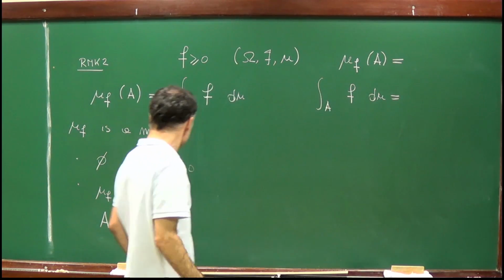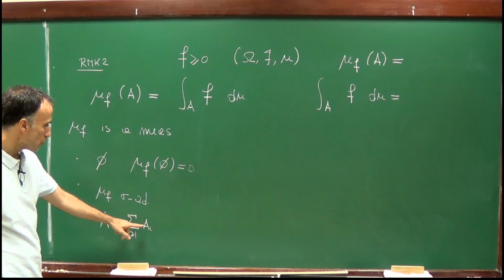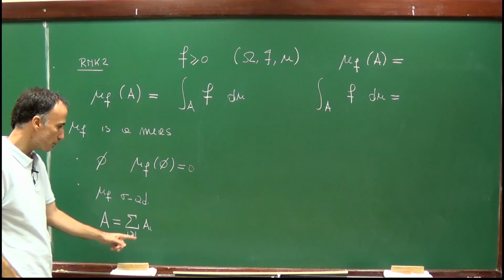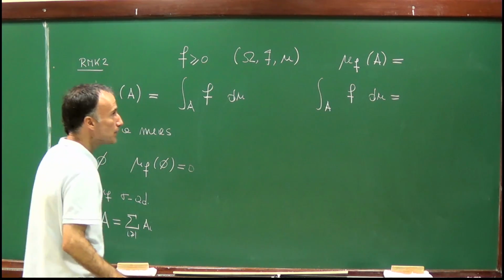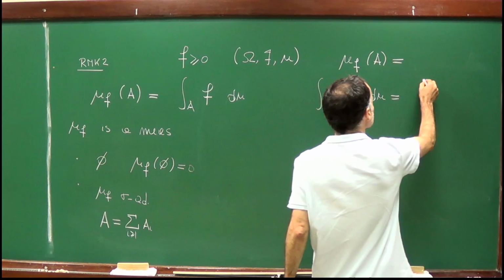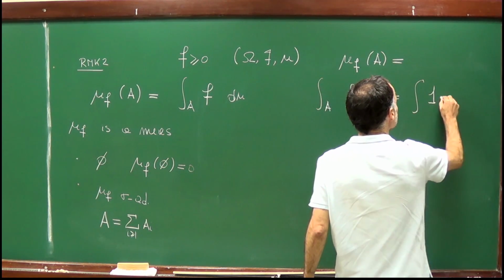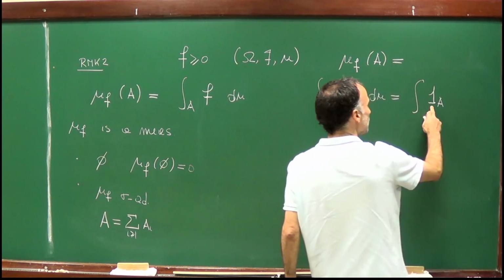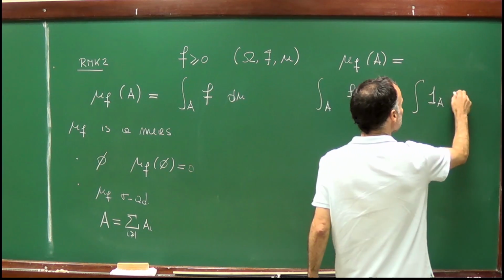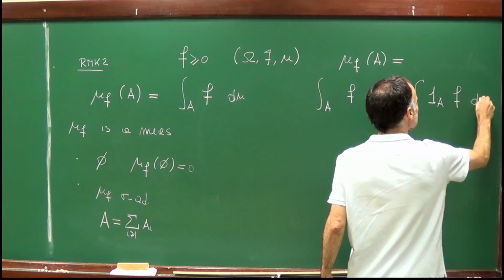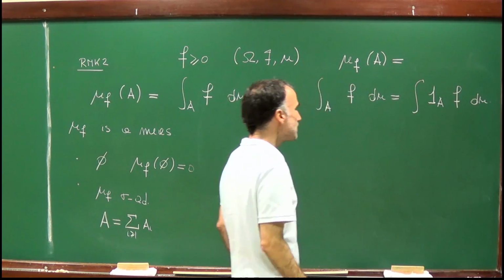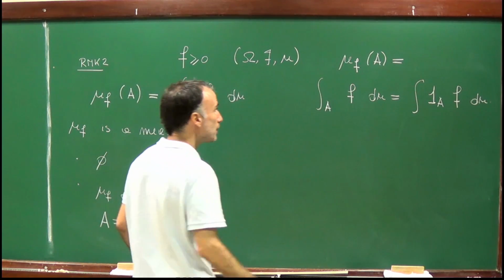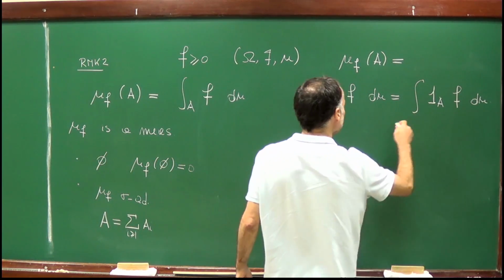But A is the disjoint union of the sets A_i. So this, by definition, is the integral of the indicator of A multiplied by f d mu. Since A is the disjoint union, the indicator of A is the sum of the indicators of A_i.